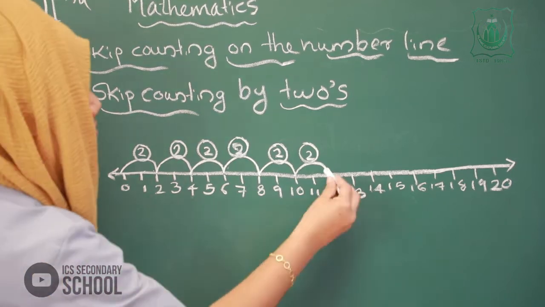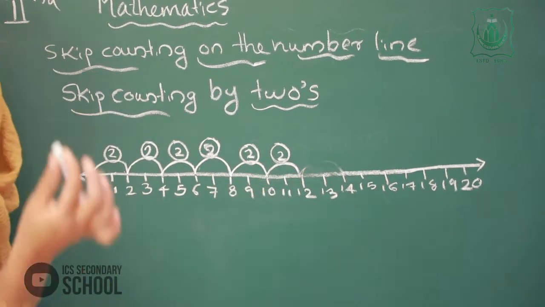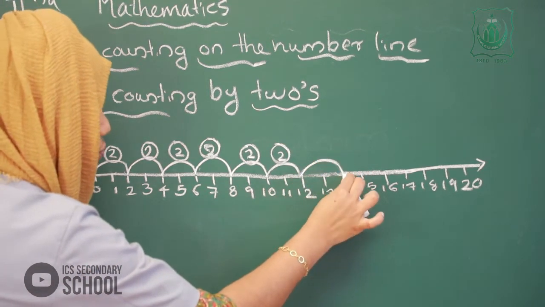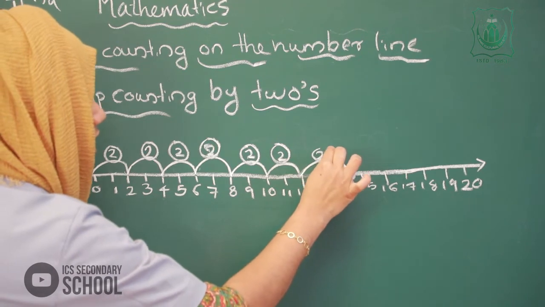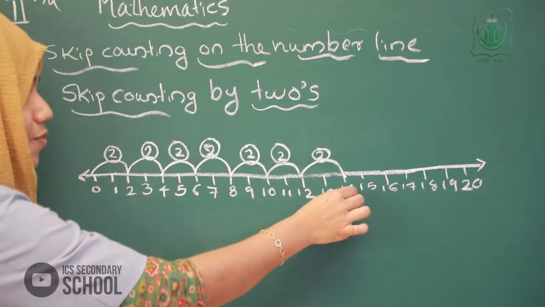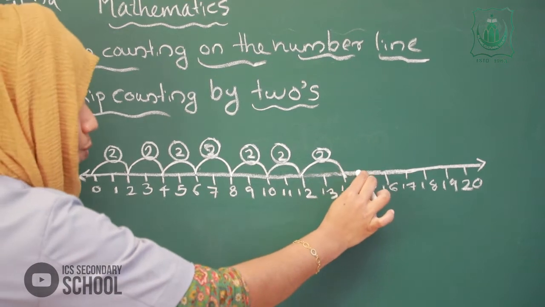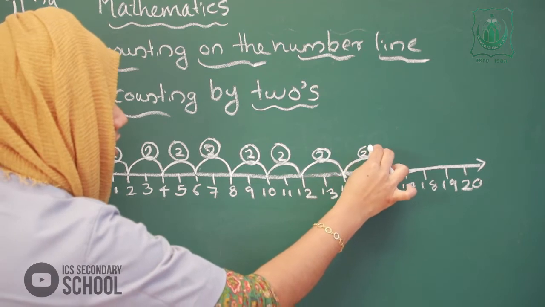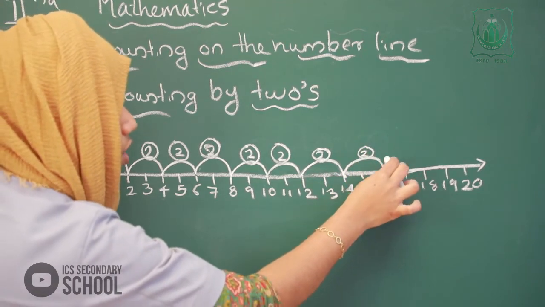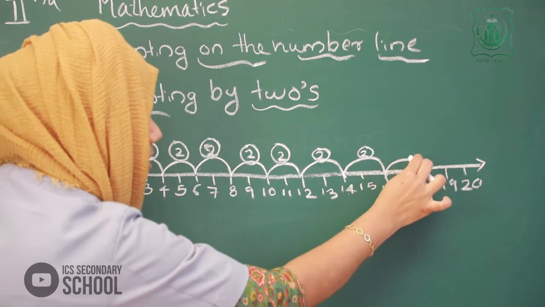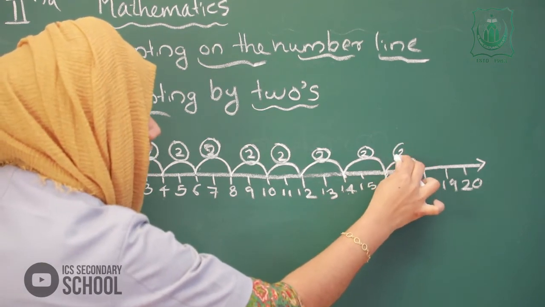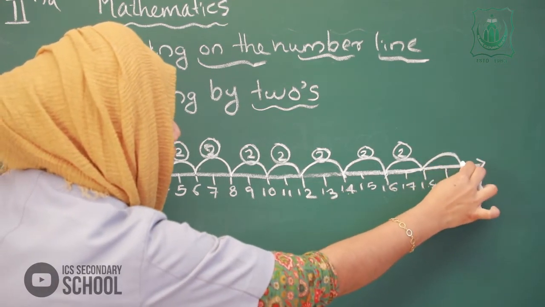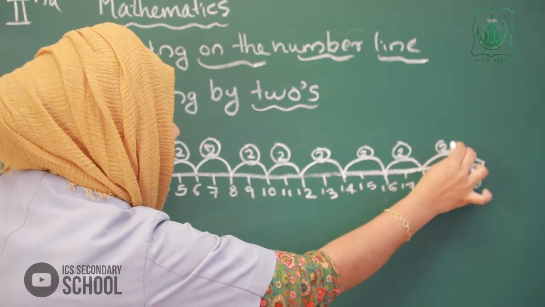Okay, very simple. Continuing the same way, we keep counting 1, 2 each time until we reach the end.